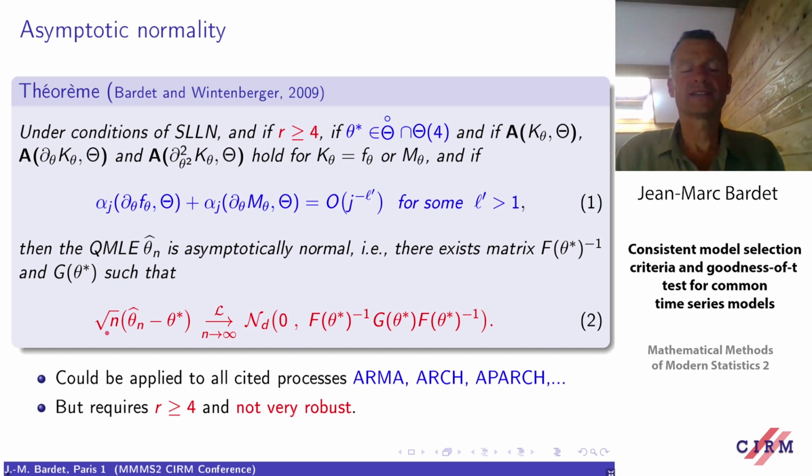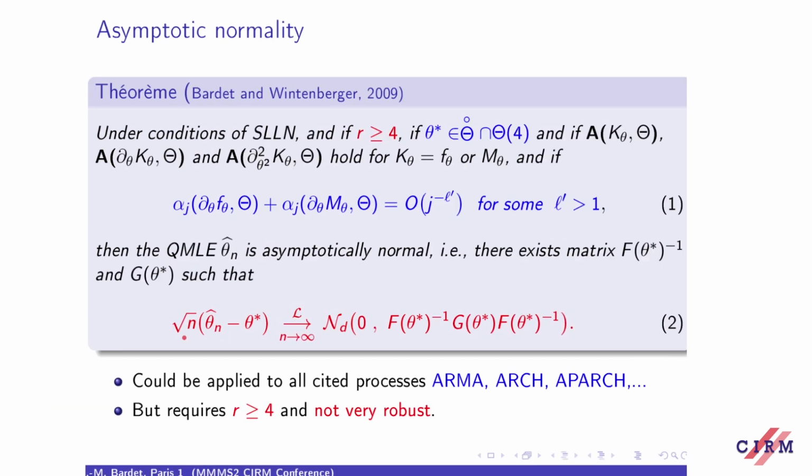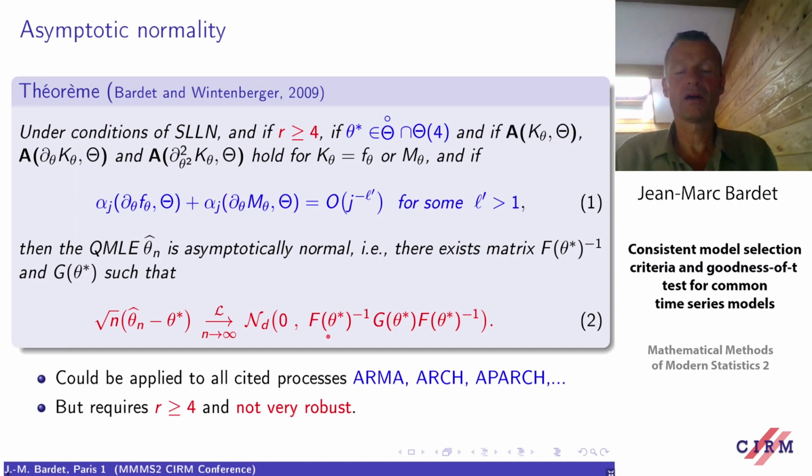That is exactly, we have this central limit theorem, square root of n times theta n minus theta star, converging in distribution to a normal law where there are here two asymptotic covariance functions.